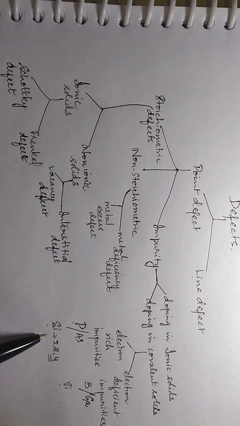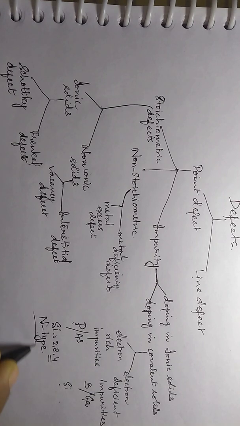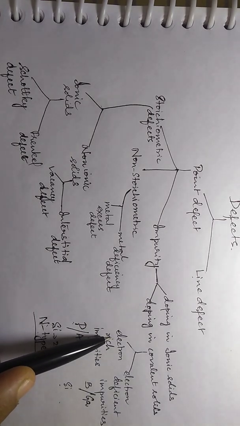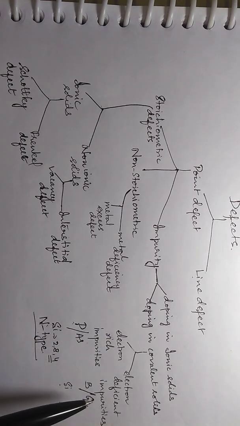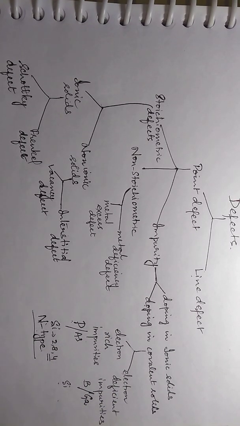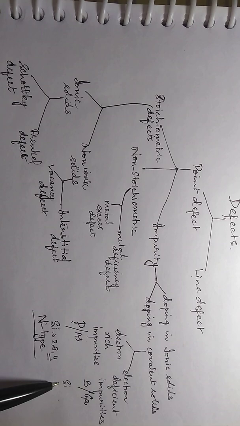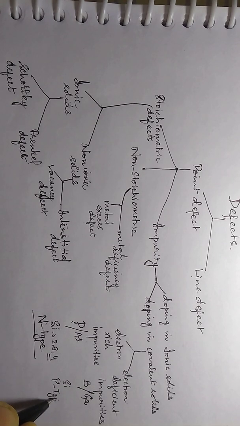The electron rich impurity will give rise to a semiconductor which you call N-type. N denotes electrons, negative, right? Because there are excess electrons in the impurity atom. Whereas this electron deficient impurity, if it is introduced in silicon, results in P-type semiconductor.